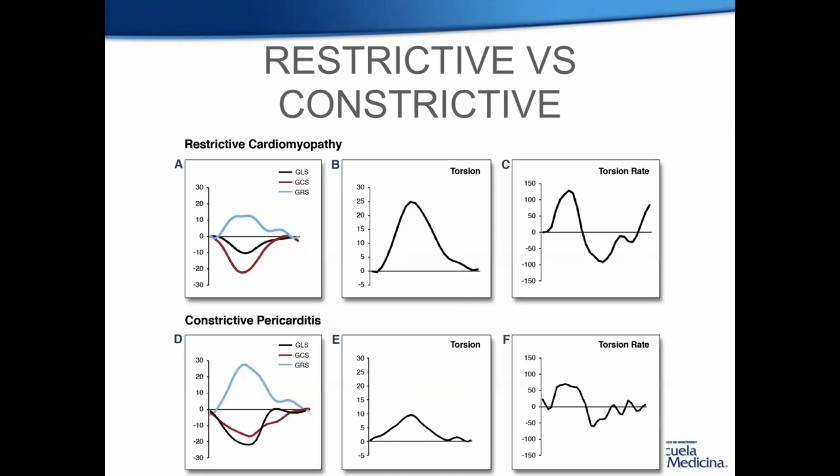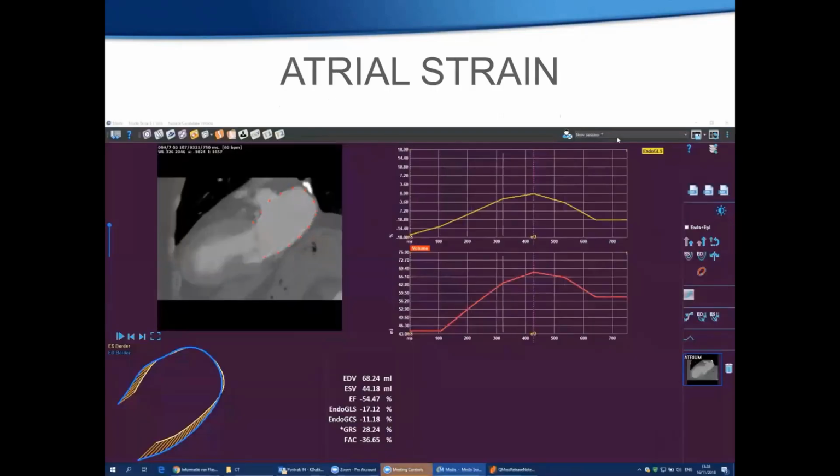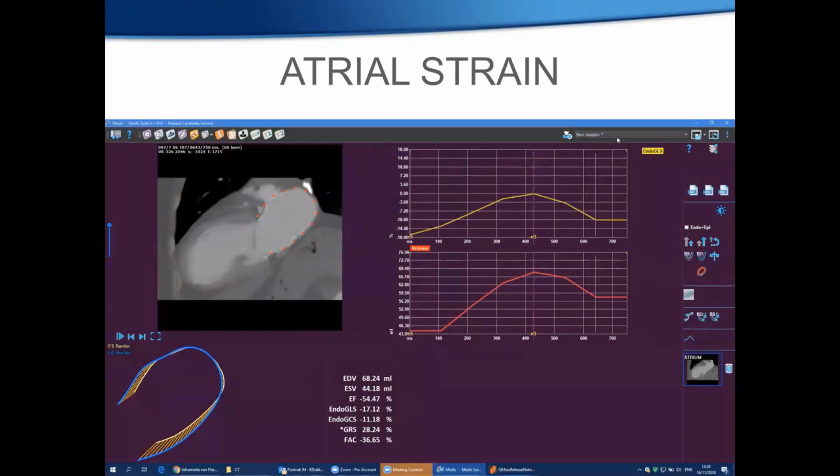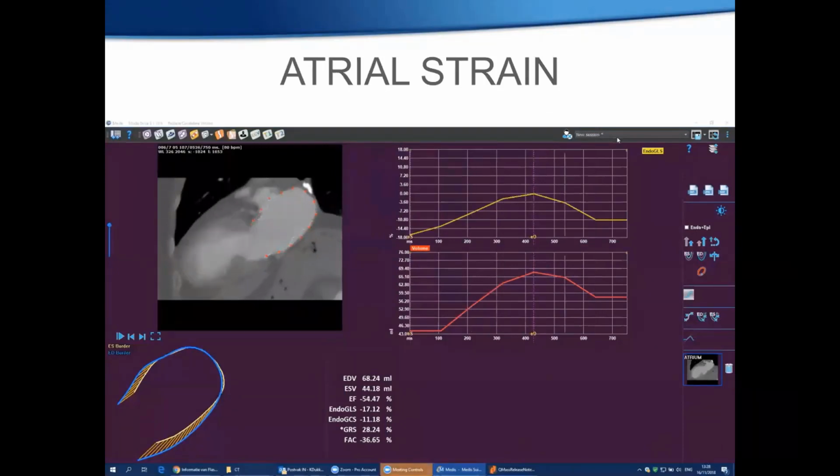That's one of the points. Also, the longitudinal strain for restrictive is decreased as compared to constrictive pericarditis. And another area of interest is the atrial strain. We can look at the atrial strain and calculate the EF of the atrium and measure the volumes, but also the longitudinal strain of the atrium can give us some prognostic information.